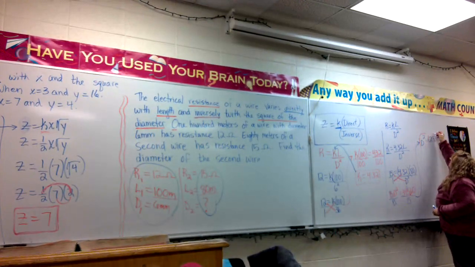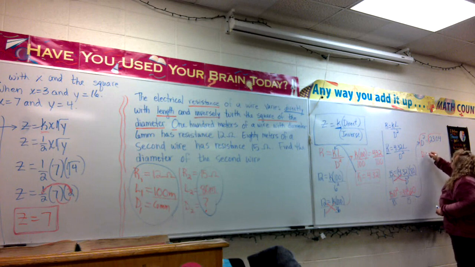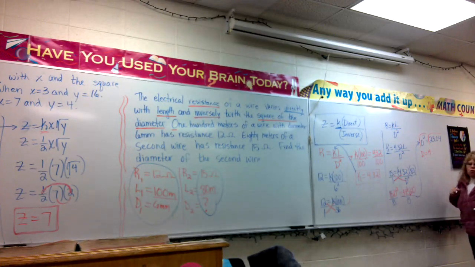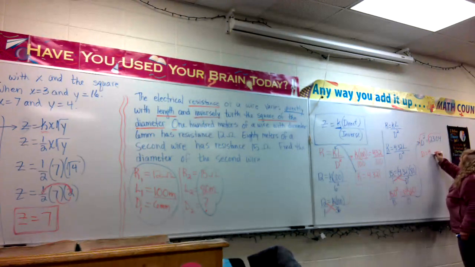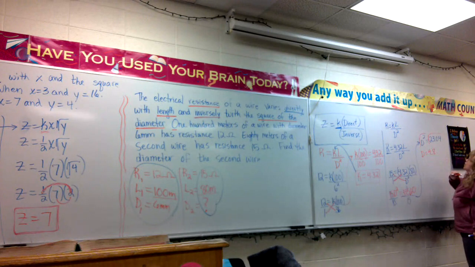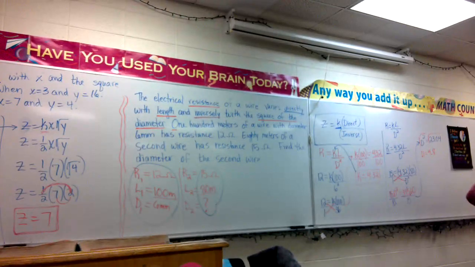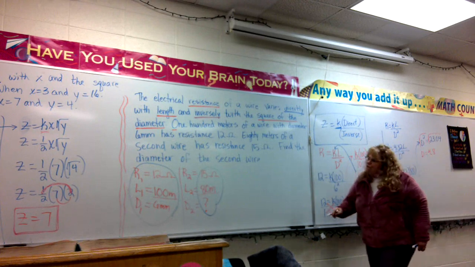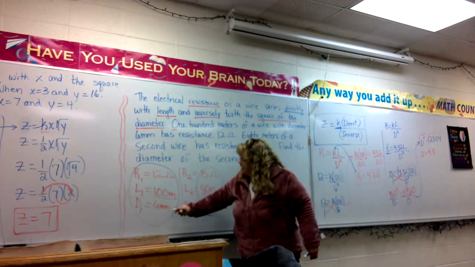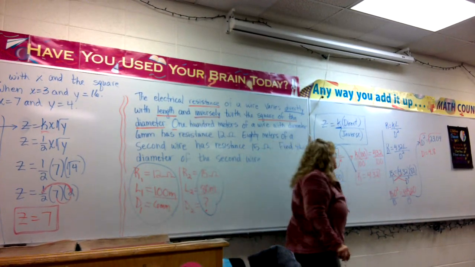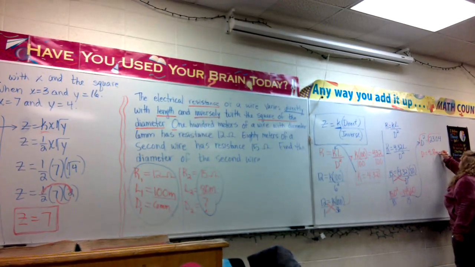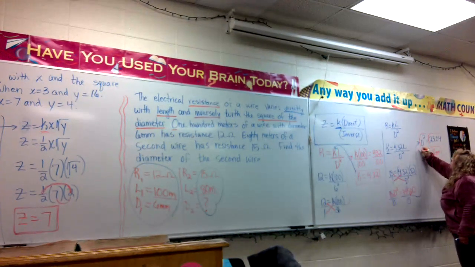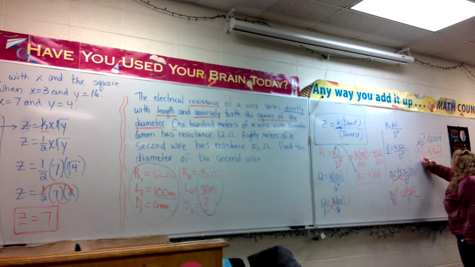Square root, diameter equals 4 point, what? 8. 4.8 what? It's diameter, millimeters, right? Diameter looks like it's in millimeters. So 4.8 millimeters. There's your diameter.